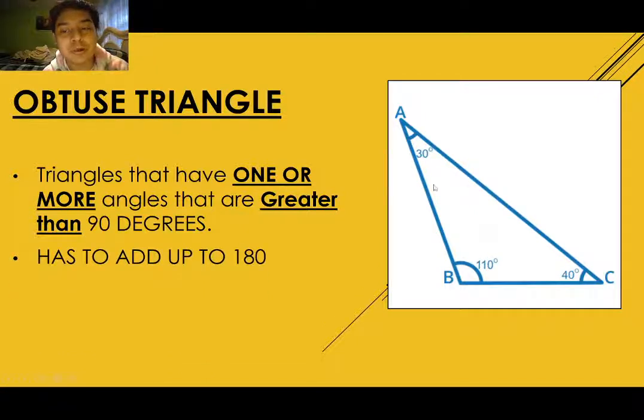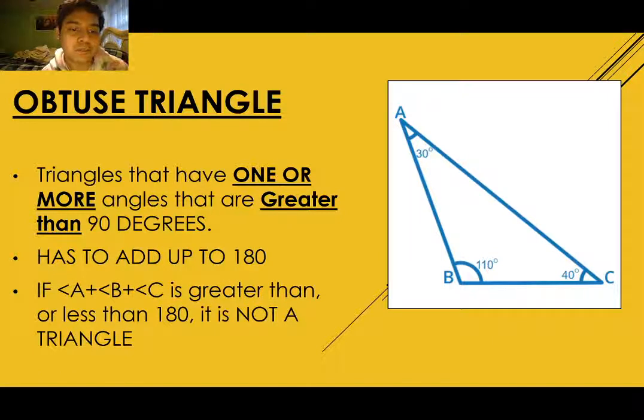And remember that it always has to add up to 180 degrees because any triangle that you have is 180 degrees. So also if angle A plus angle B plus angle C is greater than 180, that means this is not a triangle because all the angles of a triangle add up to 180 no matter what. So if you have more than 180 or less than 180, it would not be a triangle.